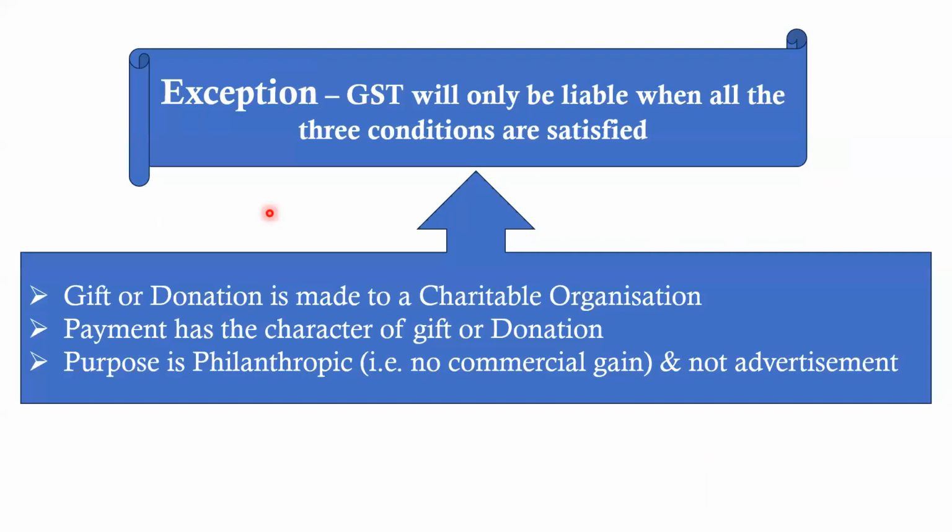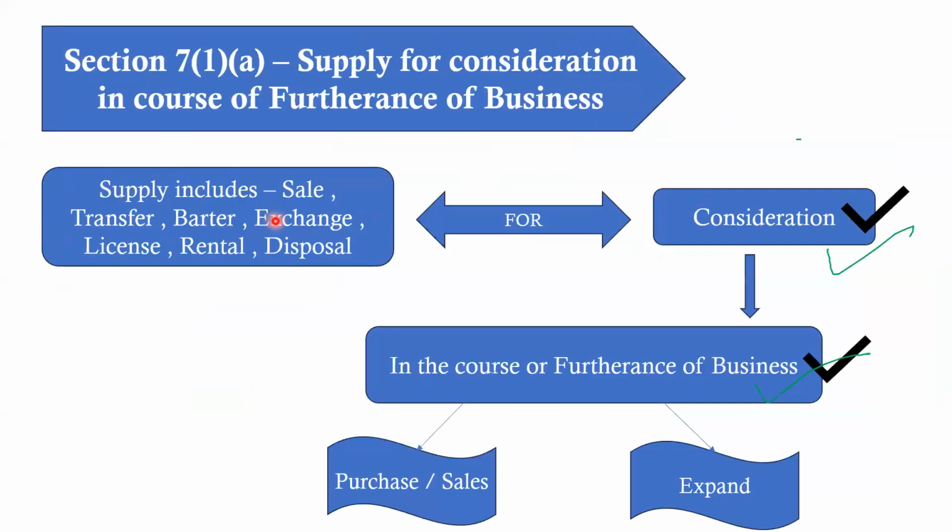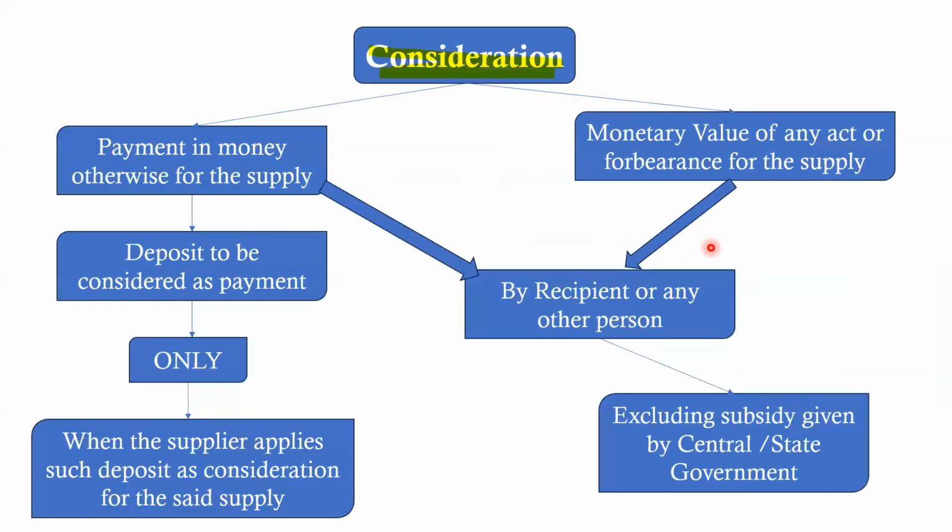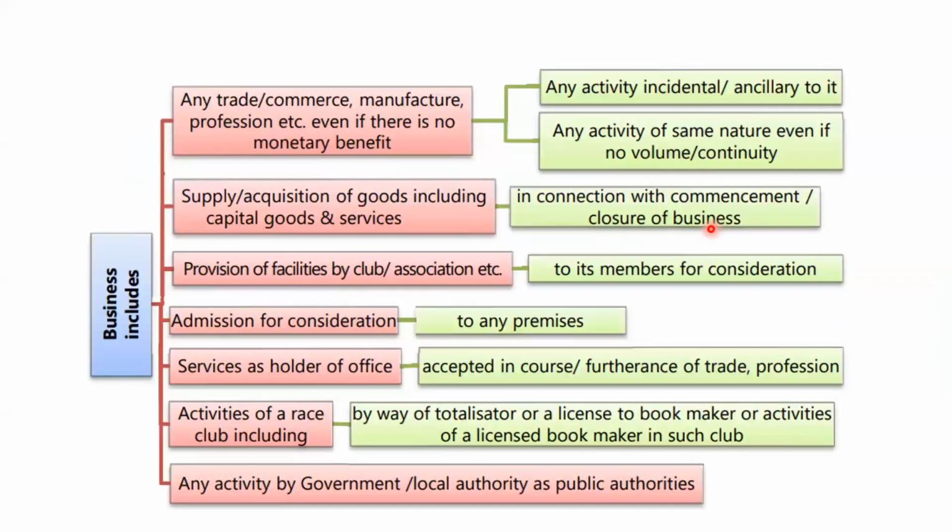Now, since the word business was there, we will discuss the business part specifically for supplies. We have covered this again, but let's recap. Business includes any trade, commerce, manufacture, profession, etc., even if there is no monetary benefit.